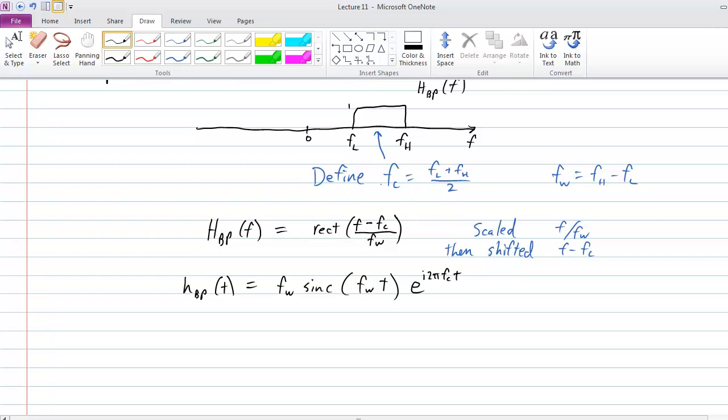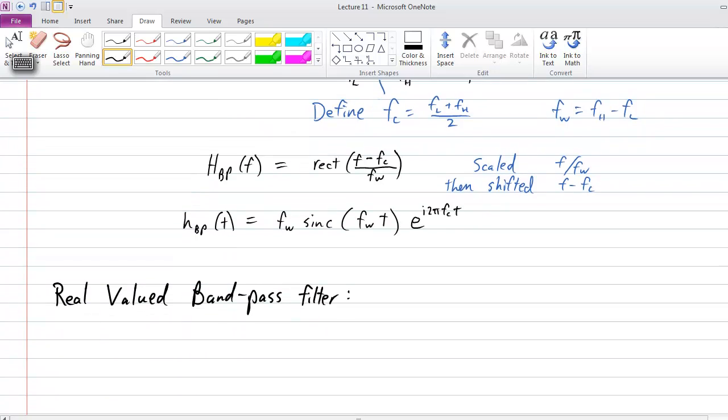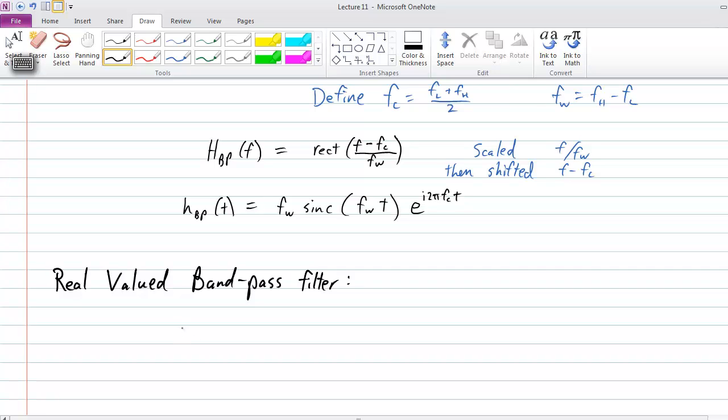So let's look at the two-sided bandpass filter, the real bandpass filter, real valued. Now we could have derived this H bandpass by just integrating this thing. Maybe that would have been easier. I generally tend to try to derive it from known inverse Fourier transforms by just manipulating that. That's a nice technique to do. Okay, so here what we have is two sides.